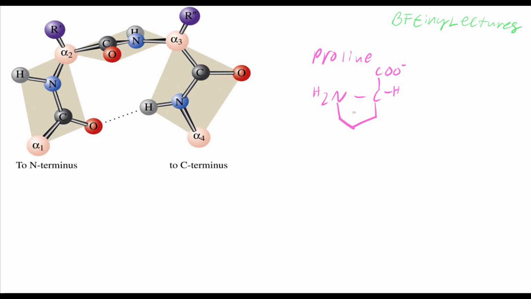So proline and glycine are going to create bends and kinks in the beta sheet, okay?